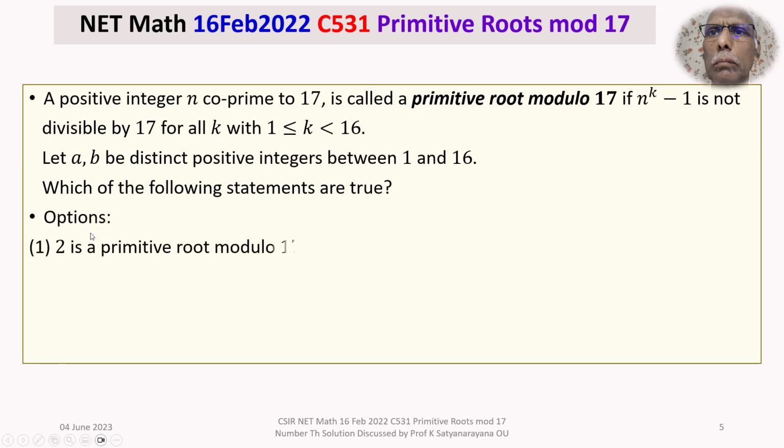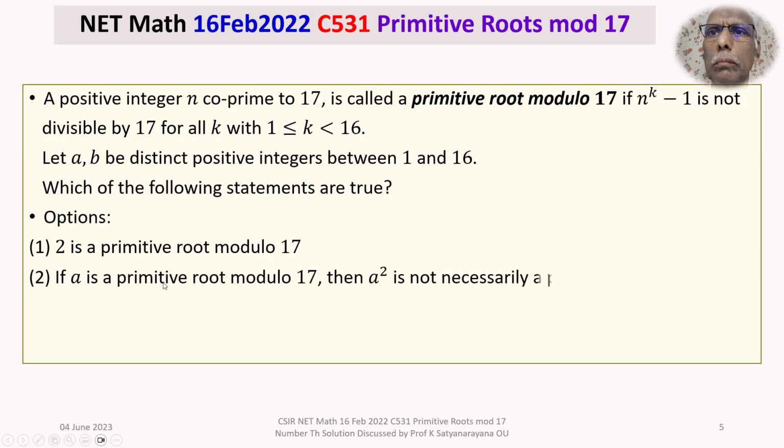We are given four options. Option 1: 2 is a primitive root modulo 17. Option 2: If a is a primitive root modulo 17, then a squared is not necessarily a primitive root modulo 17.